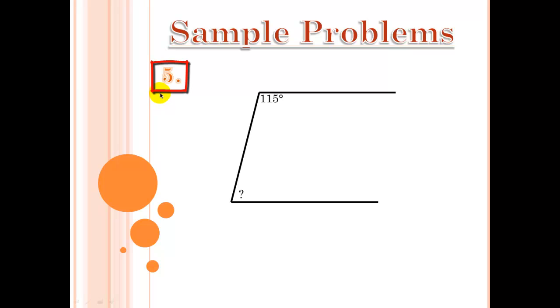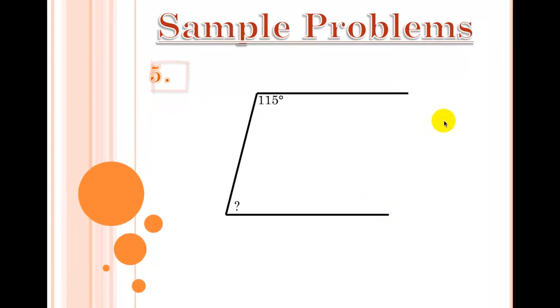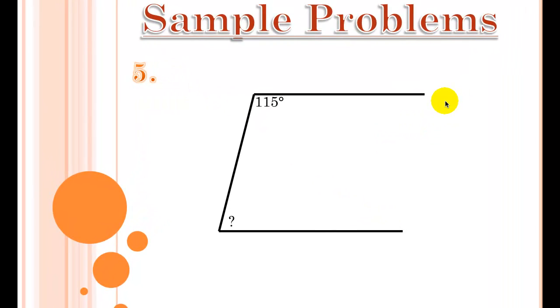Sample problem number 5. Now in this question we have the co-interior pattern, or the C pattern. It states that in the C pattern, 180 degrees minus the angle given equals the other angle.